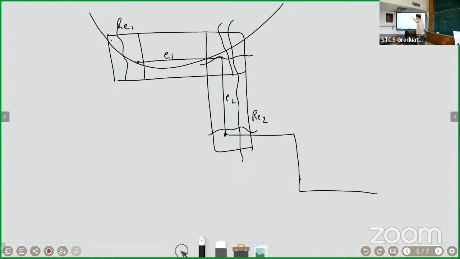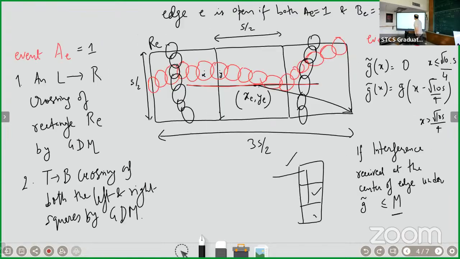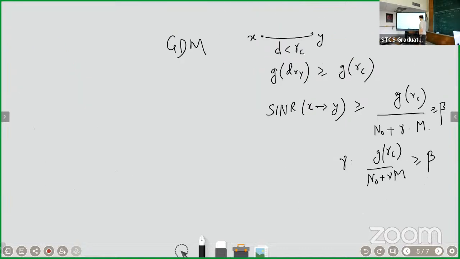Why? Now we should be clear. So if there is a horizontal crossing on this one and a vertical crossing on this one, what does it mean? Just geometry. Am I insisting vertical on these, sorry, and horizontal on this? If I tilt it by 90 degrees, that's what I'm doing there.